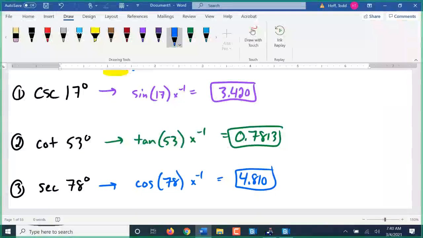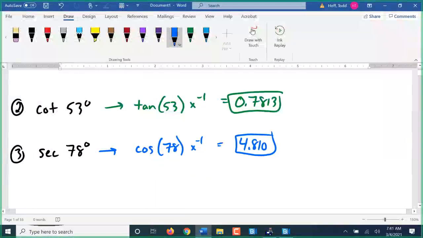So again, technically the term is four significant digits, four non-zero digits is what we're using for our trig functions here. So we can find those values of the non-standard trig functions, the cosecant, cotangent, and secant, by using those reciprocal identities.